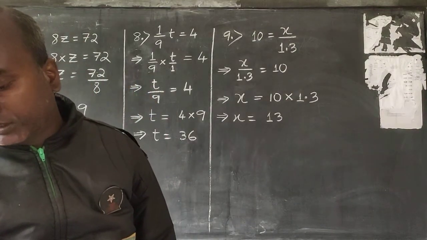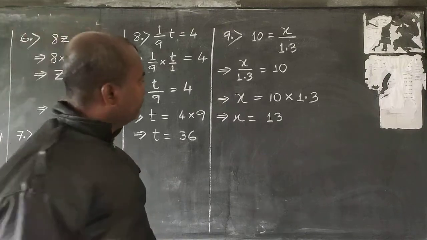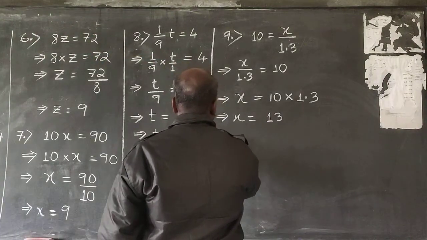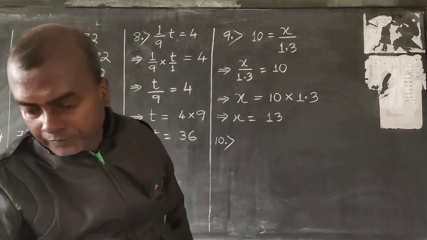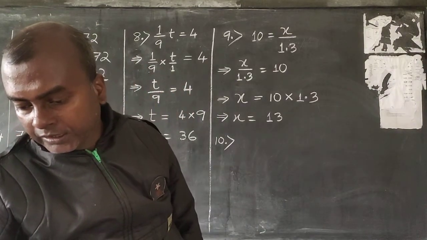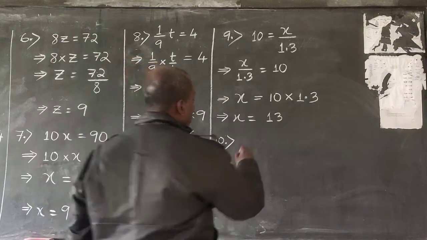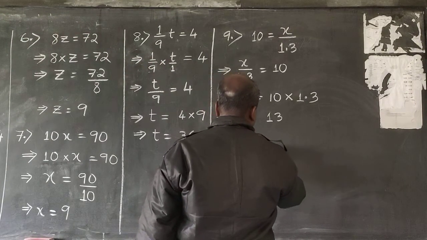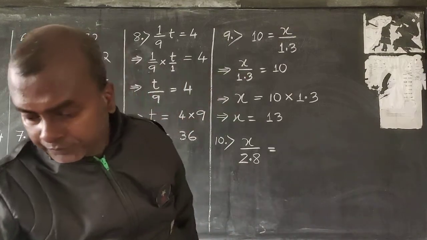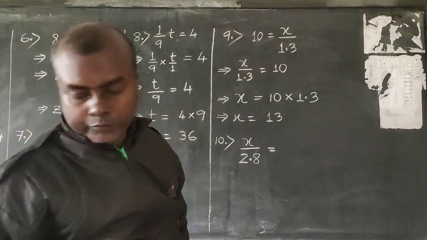Okay, question number 10. Question number 10 is x divided by 2.8 equals to 1 divided by 1.4.